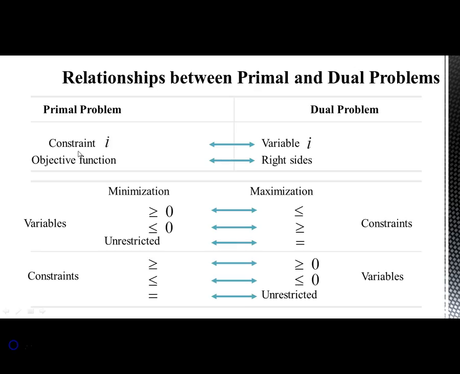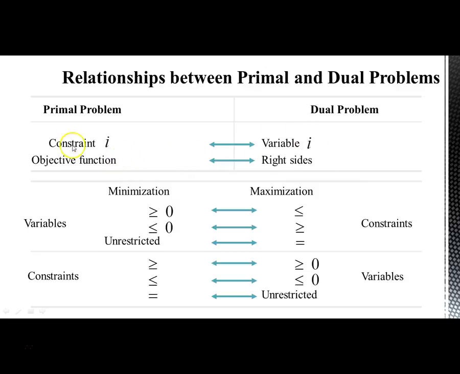In the relationship between the primal and dual problem, if we summarize, what exactly is happening? Constraint i now becomes variable i. That means the number of constraints in the primal problem will be the number of variables in the dual problem.